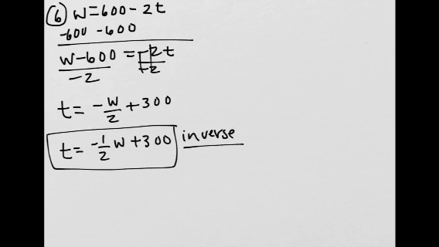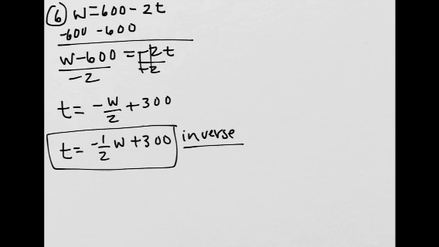Okay? So the domain would be the value of w. What are the possible values for w? It would be from 0, because that would be the water remaining at the end of time t. And when they started off, the pool had 600,000 gallons of water, right?